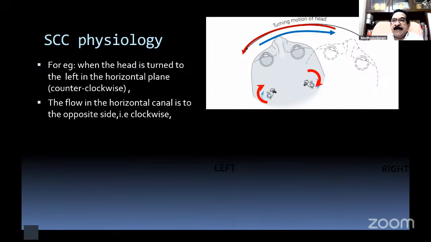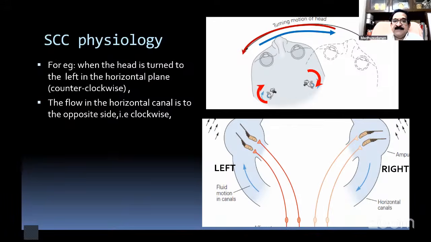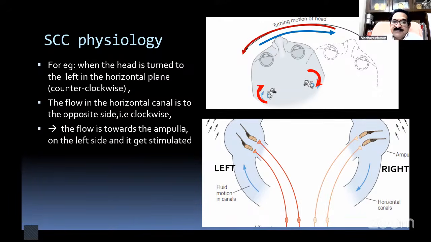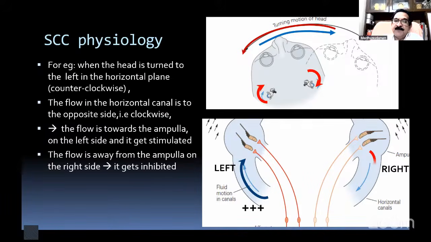Now I am enlarging the horizontal canal for easy understanding. See, this is the left side. See the direction of the flow. On the left side, it is towards the ampulla. So that canal gets stimulated when you move the head to the left side. What happens to the flow on the right side? It is moving away from the ampulla because the fluid moves opposite to the head movement.